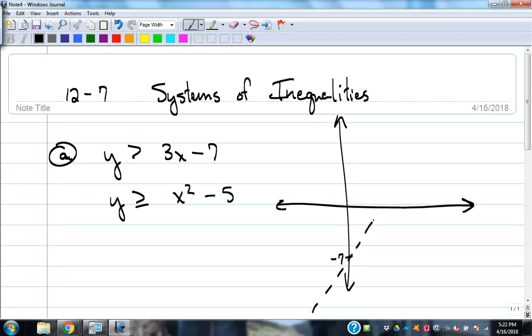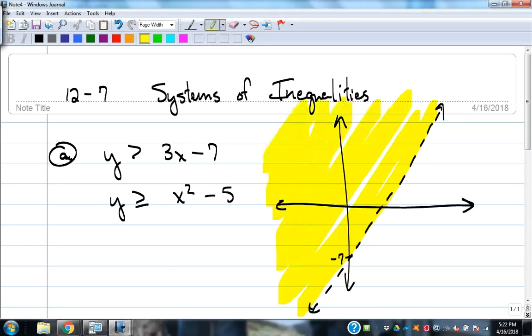It's going to be a dotted line because it has no equal to mark on the inequality symbol. And then it's greater than, so the shading is going to be above it, in this direction. If it were less than, the shading would be below, which is this way. Does that make sense?